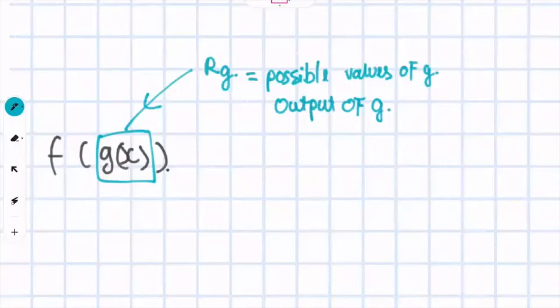Then your output goes to me, I'm F. I take your output, I process, then I produce another output.